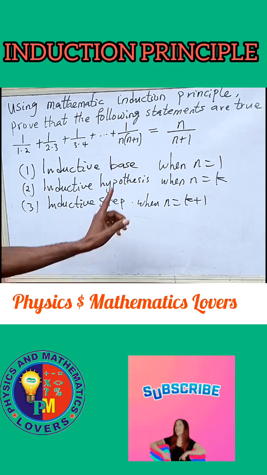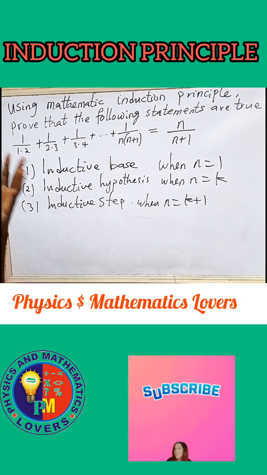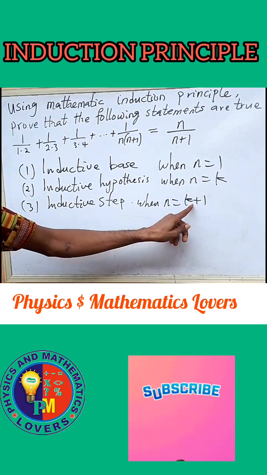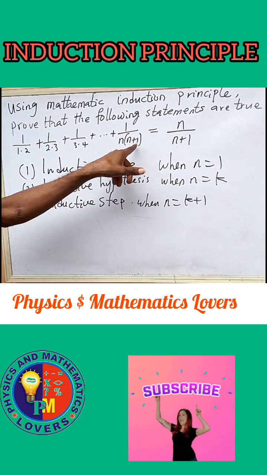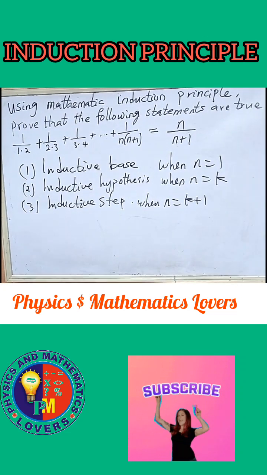For us to get the next term after the k term, it has to be k plus 1. So this is the inductive step where you check if this statement will hold.